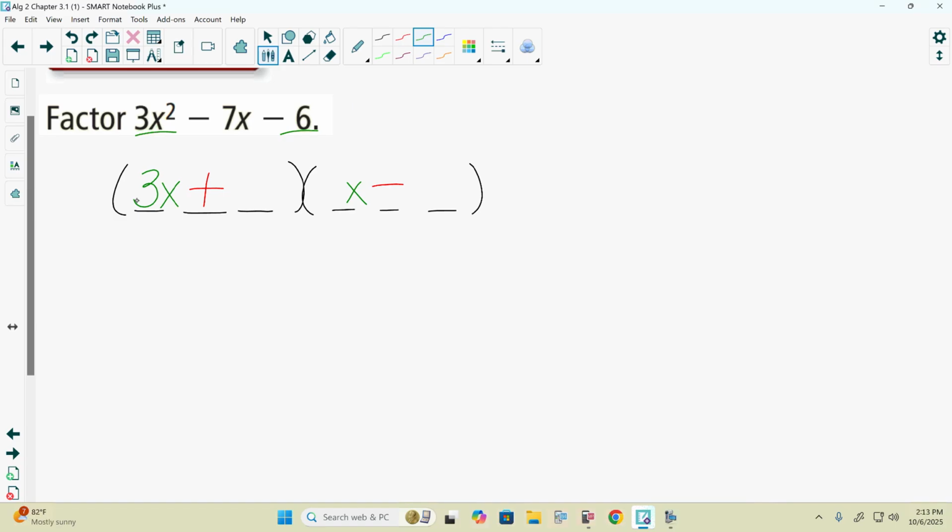Really, that's it. Or we can just throw that in. Factors of 6. Yes. 1 and 6 or 2 and 3. Which one do we want to try first? 1 and 6.